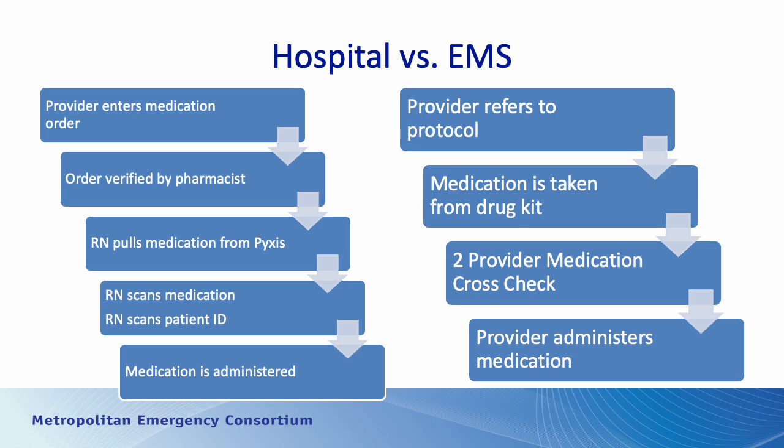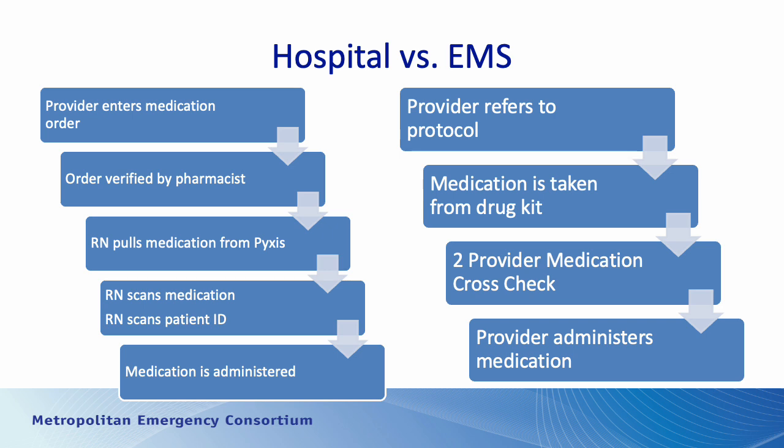Based on our protocol, we should then provide a two-provider medication cross-check, which verifies that we've got the right medication for the right indication with the right dose, and we're going to give it the right way. And then the provider administers the medication. It's a simpler process. It doesn't have as many checks and balances as in the hospital.